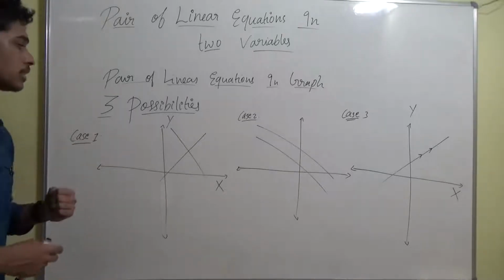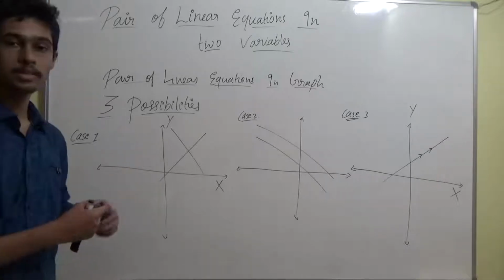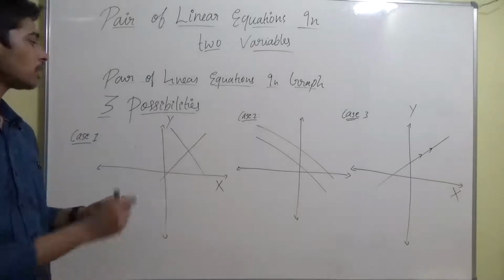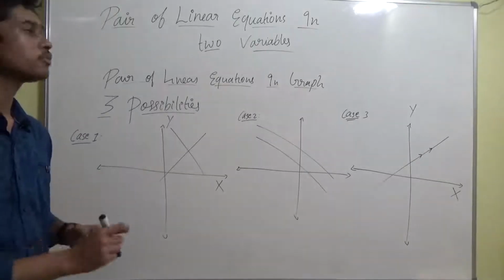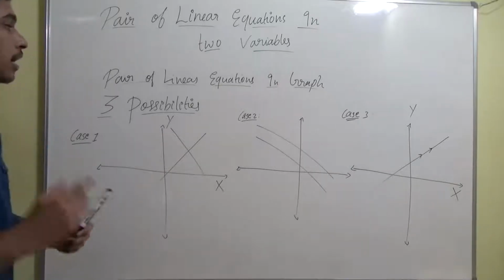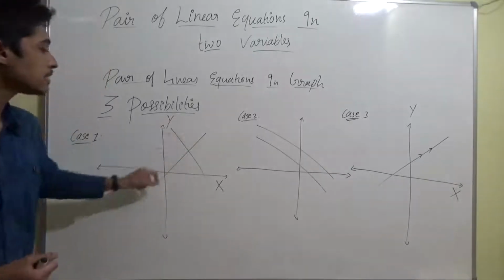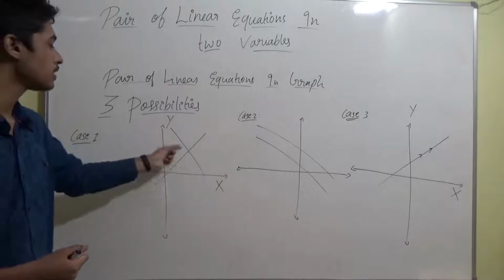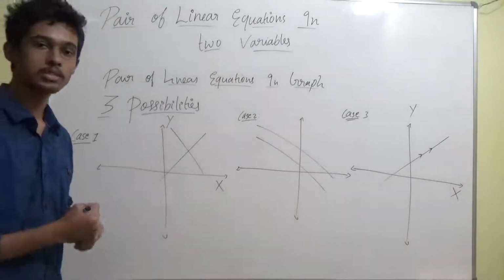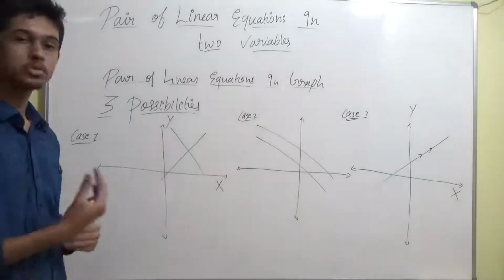This is the first case. For example, if you draw the graph of one equation, it might come like this, and after plotting the points, the graph of the second equation might be a line like this. This is called intersecting lines; they intersect at a point.